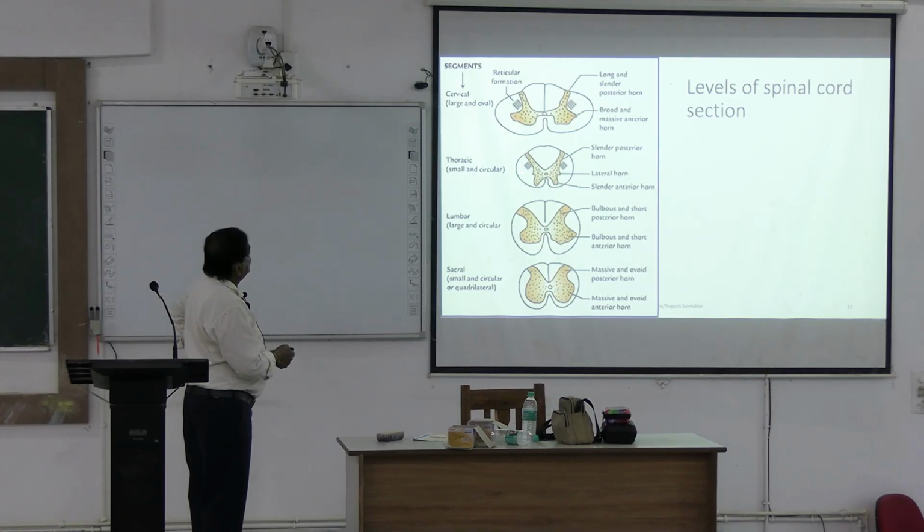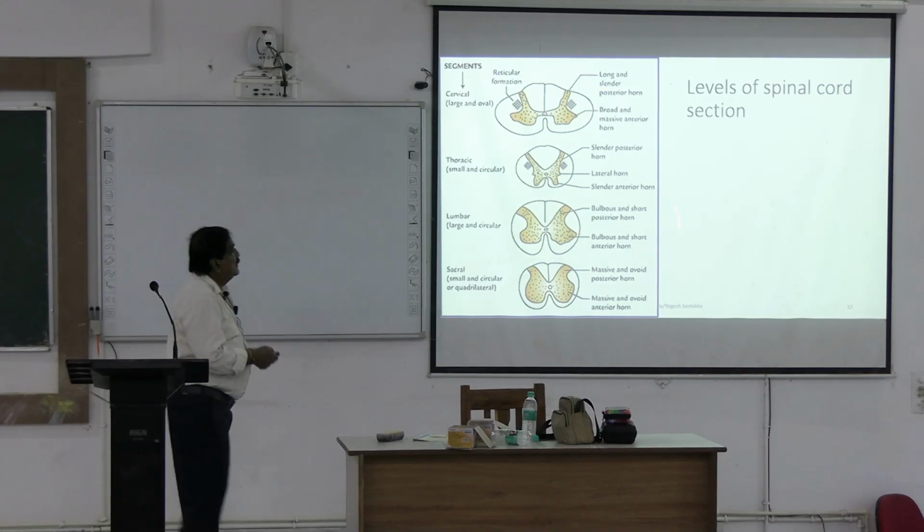Thoracic: small and circular, with slender posterior horn, lateral horn, and slender anterior horn. Lumbar: large and circular, with bulbous and short posterior and anterior horns. Sacral: small and circular or quadrilateral, with massive and ovoid anterior and posterior horn cells.